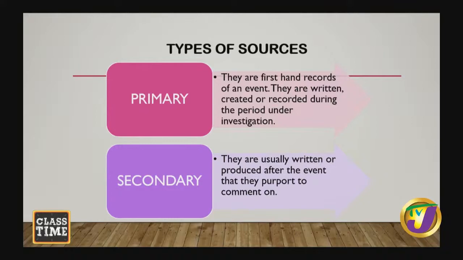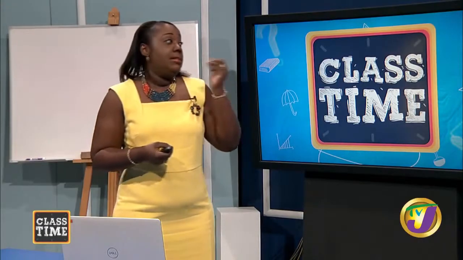They are written, created, or recorded during the period under investigation. And then we have secondary sources. That's when Kamara asked Cassie about her experience. They are usually written or produced after the event that they purport to comment on. So remember that, students, two types, primary and secondary.